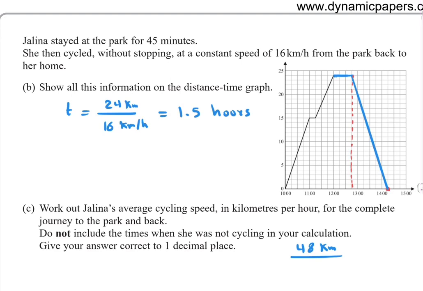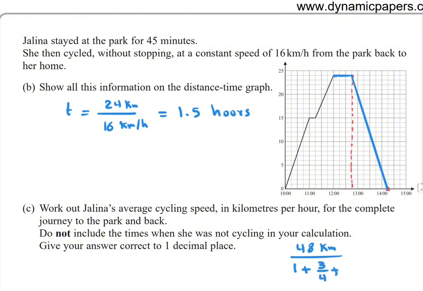And for the total time, if you exclude the times she was not cycling, for the first line, the time is 1 hour, so 1 plus. For the second line, the time is 45 minutes, so 3 over 4.